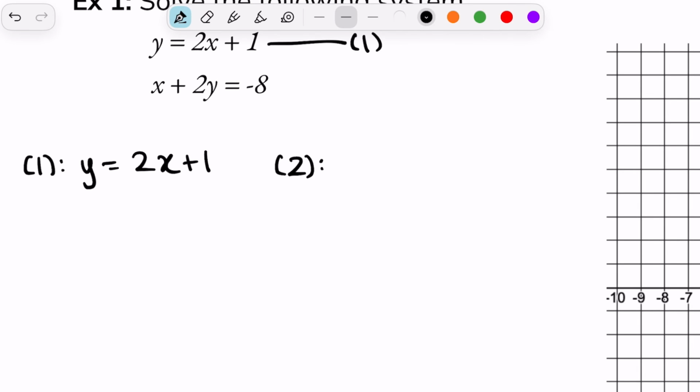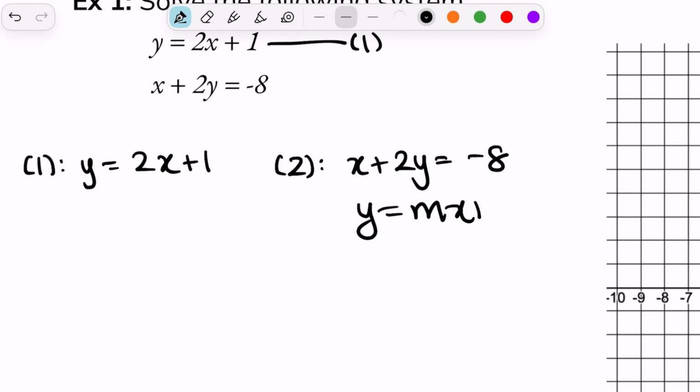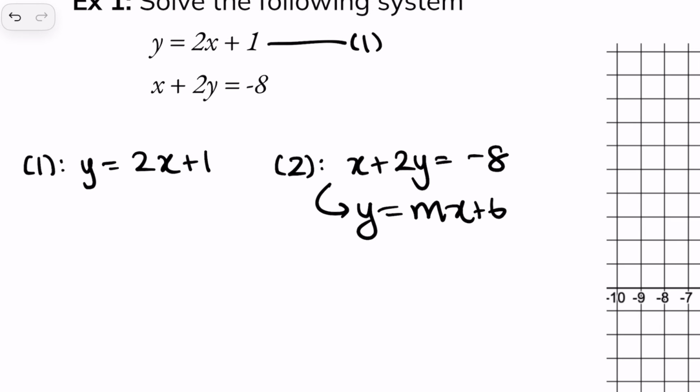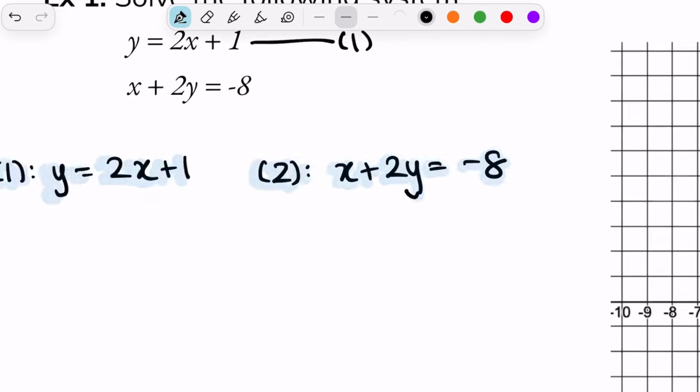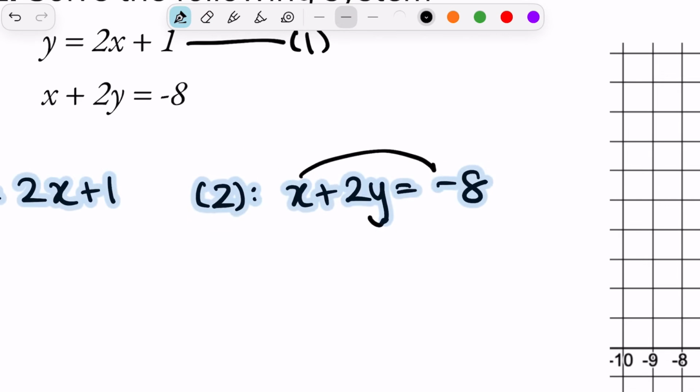And then our second equation is x plus 2y equals negative 8. Is this in the form of y is equal to mx plus b? No, it's not, right? We're going to have to rearrange because as you can see, y is not isolated. It's not on its own. So what we're going to do is rearrange it. We want to move x over to the side.